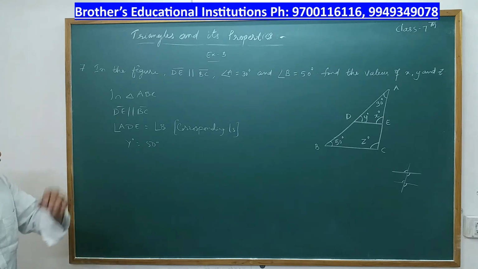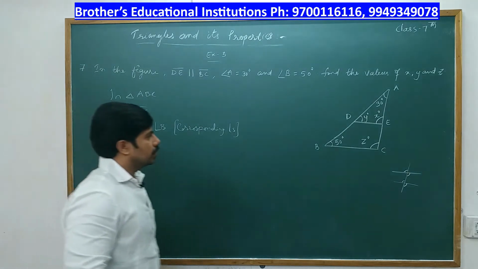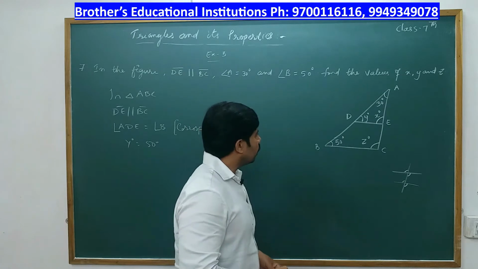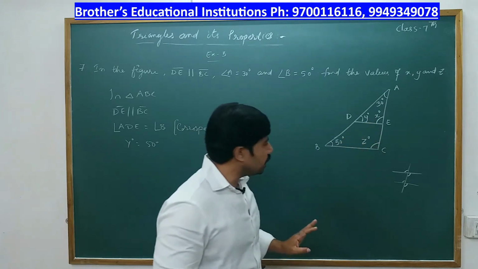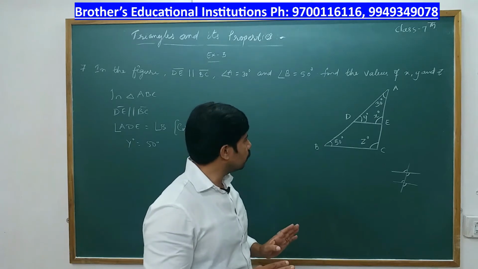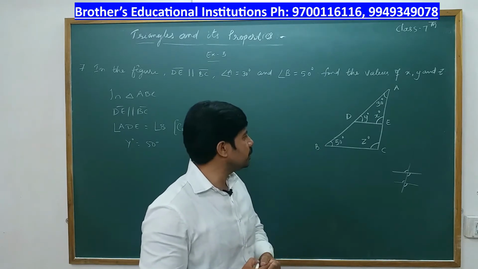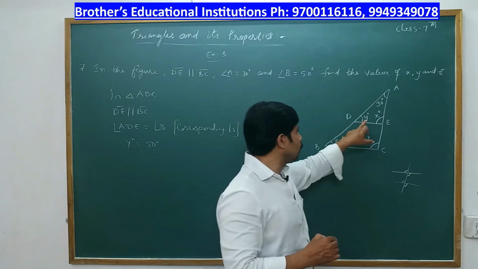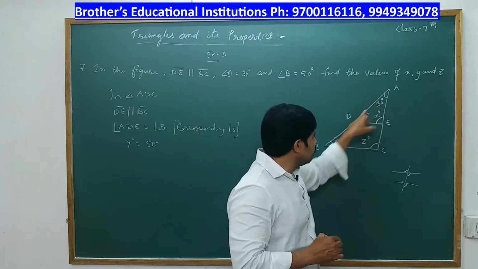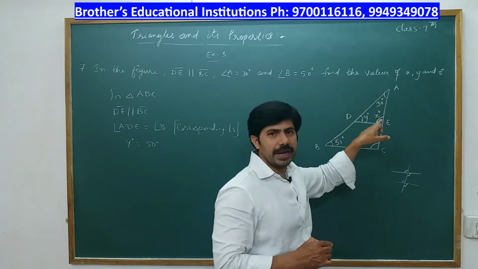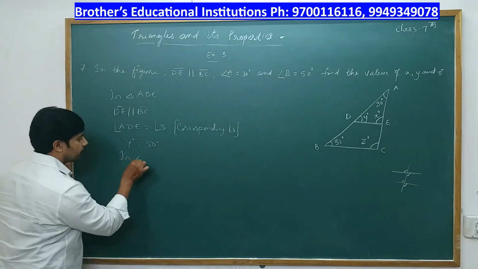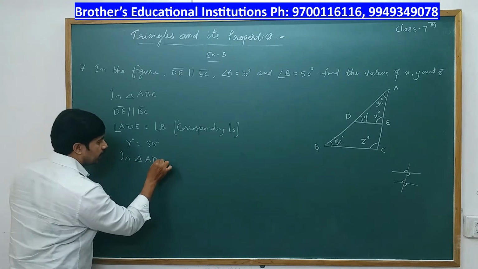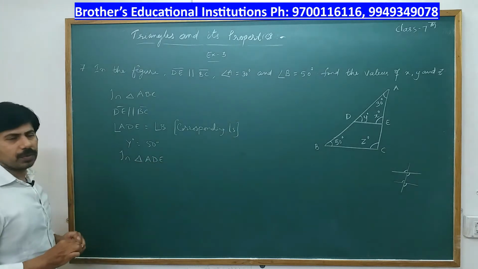Now when we go to this, so you know Y, now again here X and Z will be corresponding, but here X and Z both are unknown. So instead of using that corresponding condition, as we know Y, to find X, I'll use angle sum property with triangle ADE. So in triangle ADE, the sum of the angles is 180 degrees.